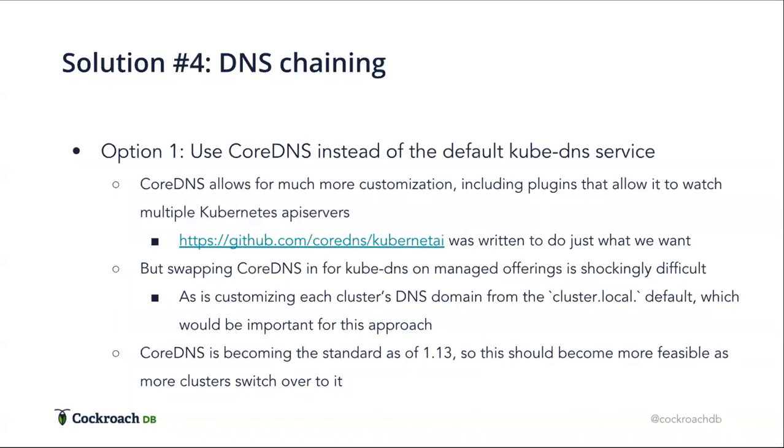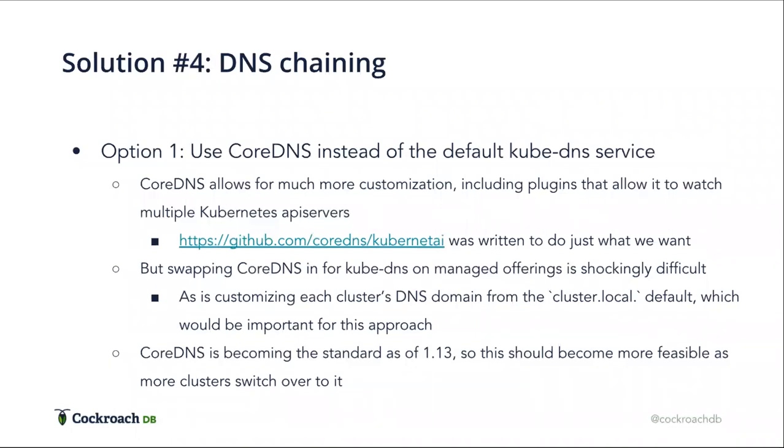However, in practice, swapping CoreDNS in for kubedns on any of the managed Kubernetes offerings is very difficult. It's also difficult to modify each cluster's DNS domain. You'll notice if you look at the full service addresses of Kubernetes services, they all end with .cluster.local, unless you've customized it yourself.